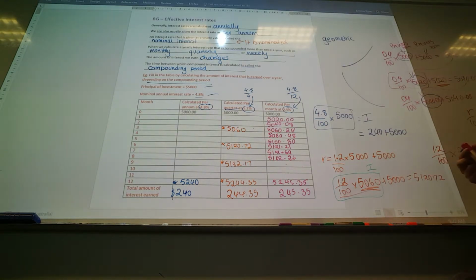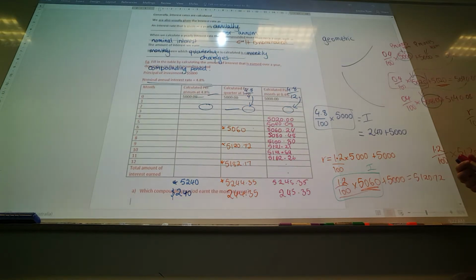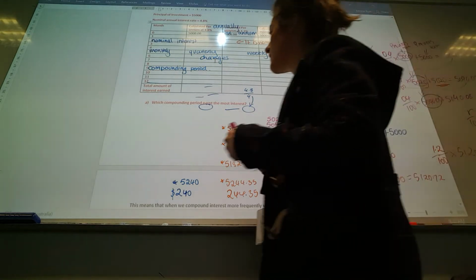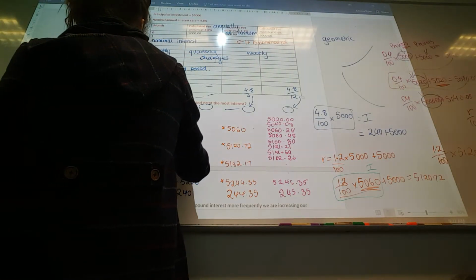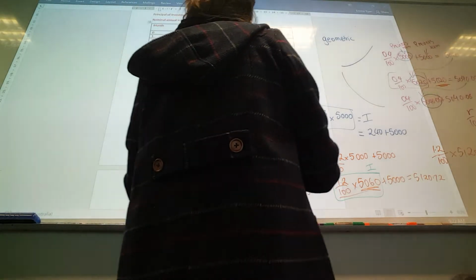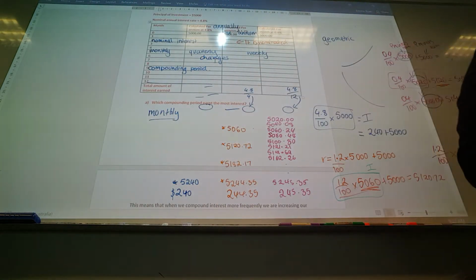Can I move down? Yep. Okay, so which one earned the most interest? We had the monthly. The monthly earned the most. Do you have to say by how much?